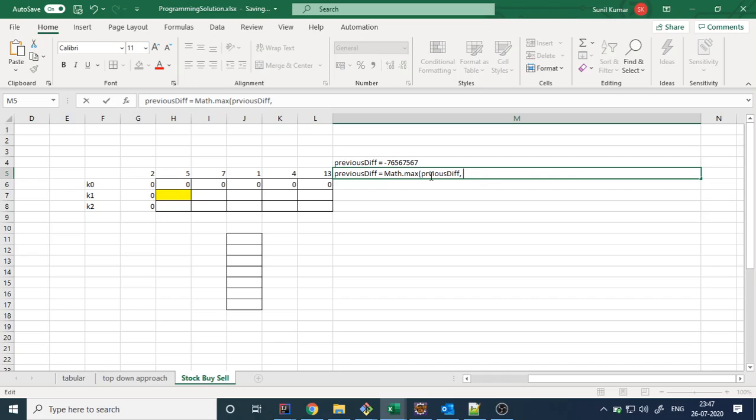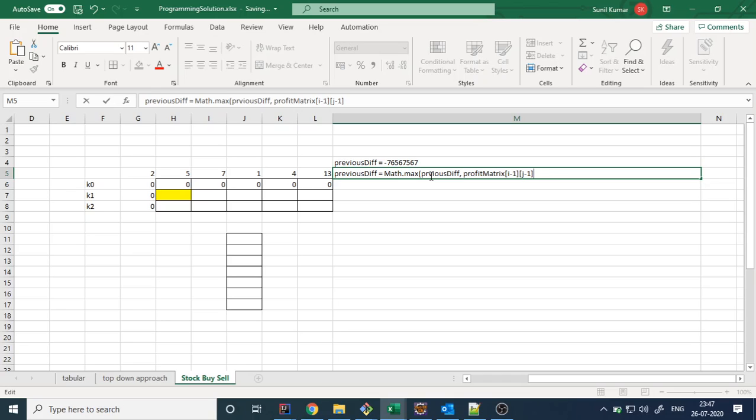Consider this whole two-dimensional array as the profit matrix. So profit matrix of i minus 1 and j minus 1. This was the previous profit transaction, right?